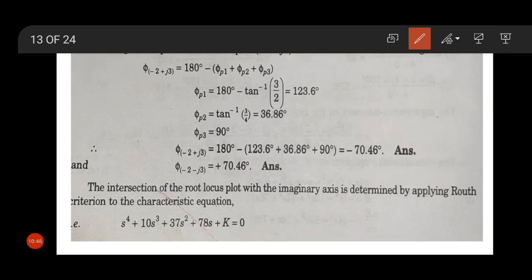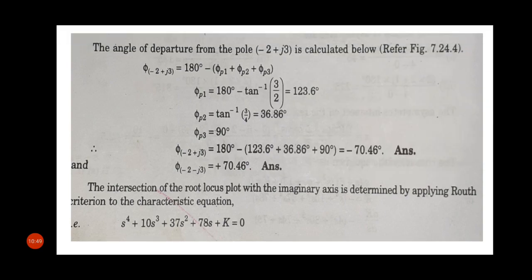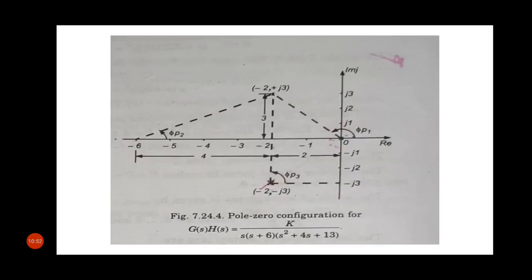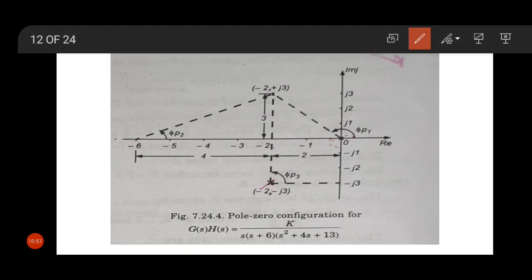Okay, let me clear these things. Now see how we will find phi p1, phi p2, phi p3. See the figure here. This is our one pole s equal to 0. This is our another pole s equal to -6. This is our third pole and this is our fourth pole. Now we consider this complex pole. What is phi p1? Phi p1 is the angle between the first pole, that means s equal to 0, and this pole. What is phi p2? The angle created between this pole and this pole. And what is phi p3?